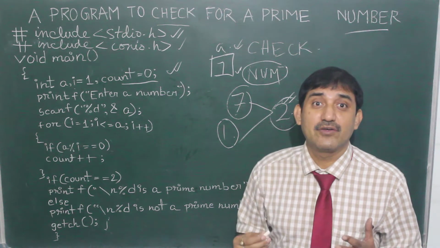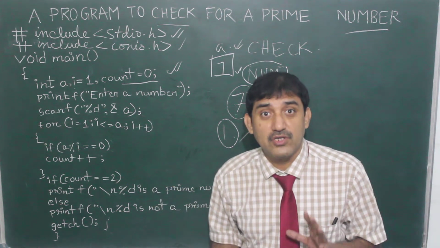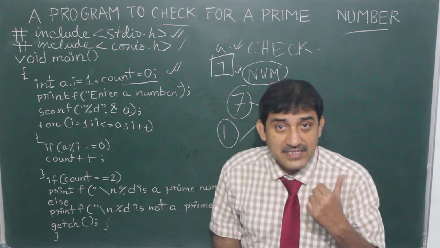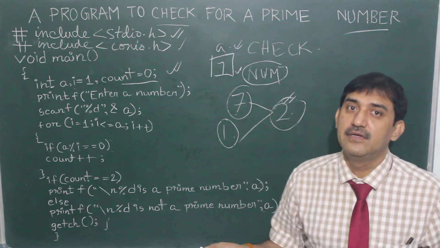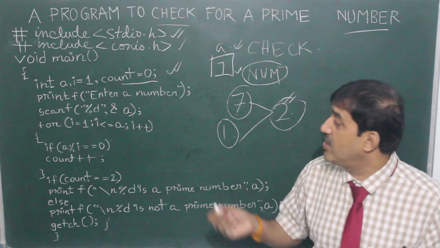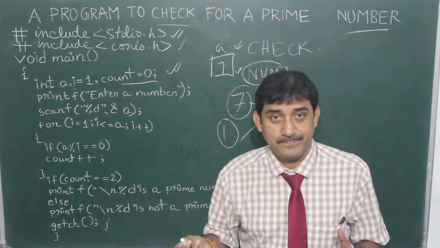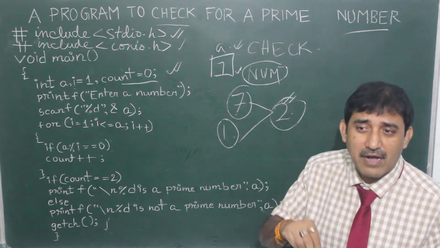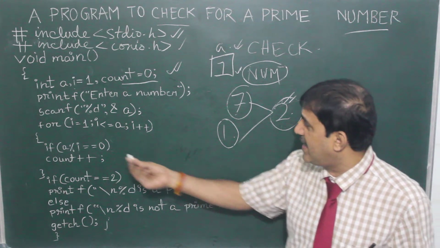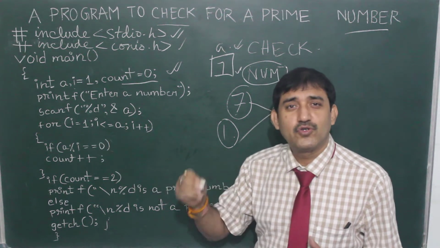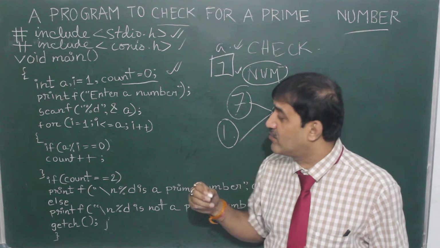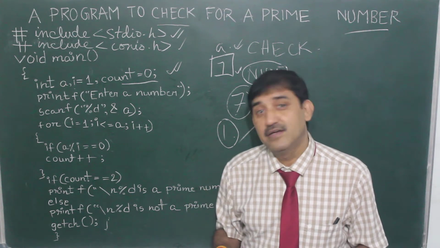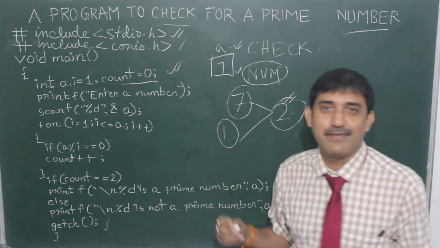Whether the remainder is equal to 0: the remainder will be 0 only if it is divisible. If it is not divisible, it will not be equal to 0. If two numbers come from 1 to 7, fine; if three numbers come, then it is not a prime number.